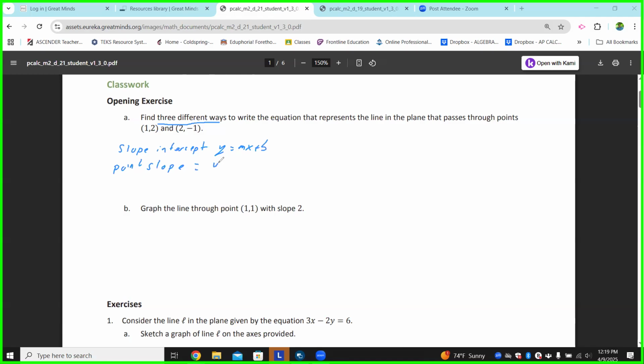But this will be y minus y1 equals m times x minus x1. It's actually formed from the slope formula. And then your last one is the standard form. What's the standard form?